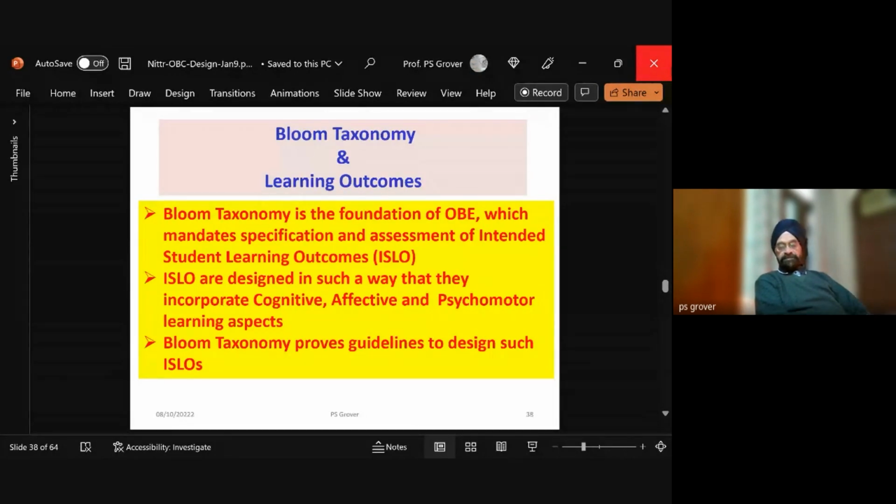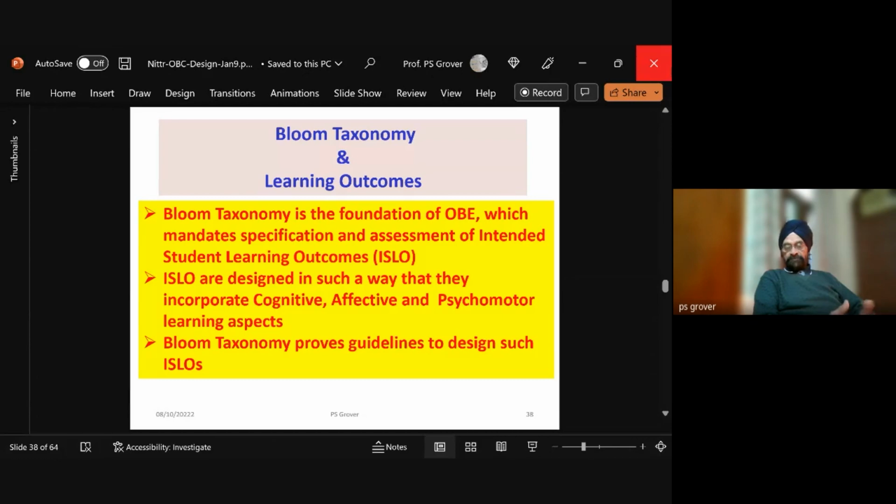ISLO, see, these are terminology. Basically, outcomes are designed in such a way that they incorporate cognitive, affective, and psychomotor learning aspects. Now, please hear: our curriculum should be such that there is a holistic development of the student, that is mental, psychomotor, physical, and emotional.